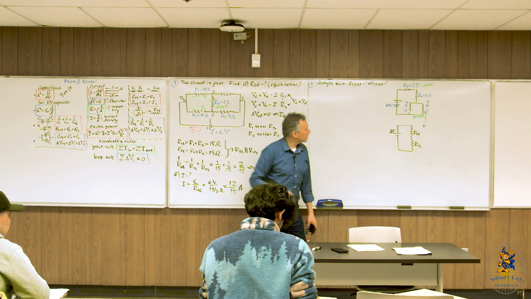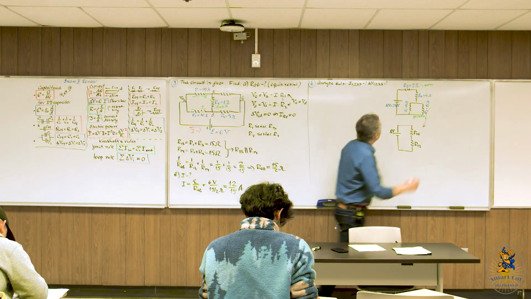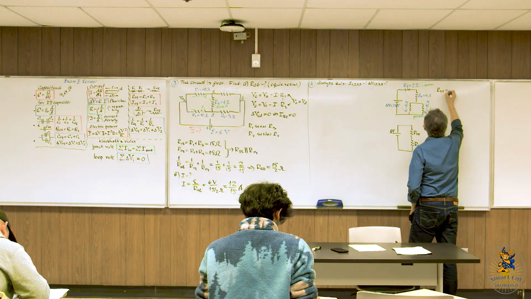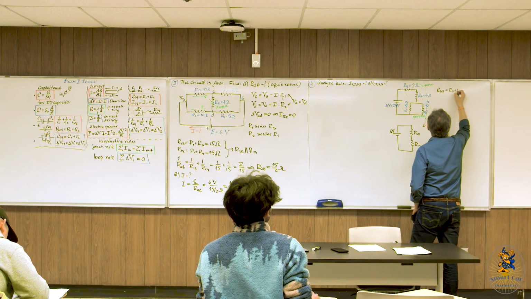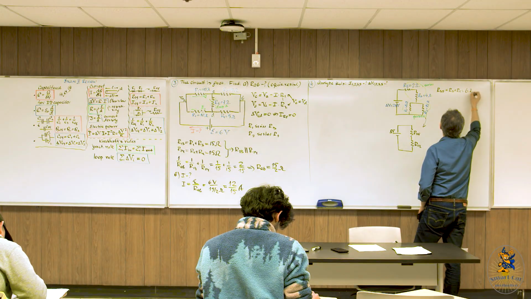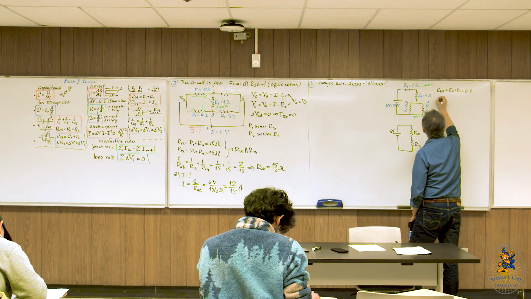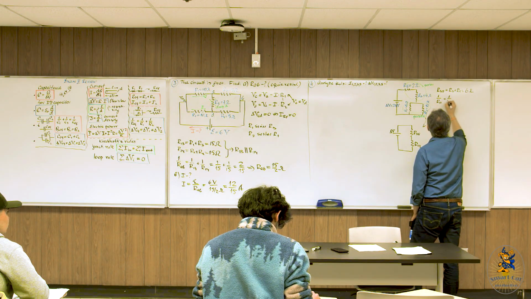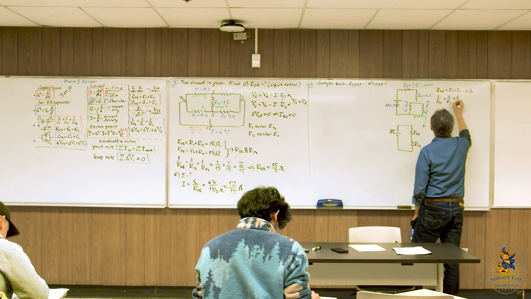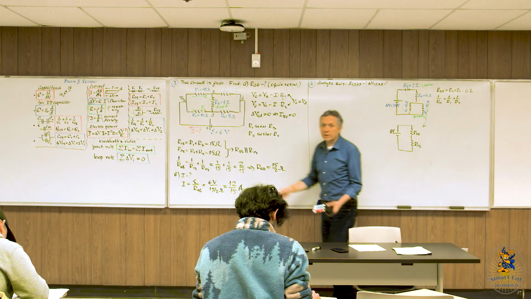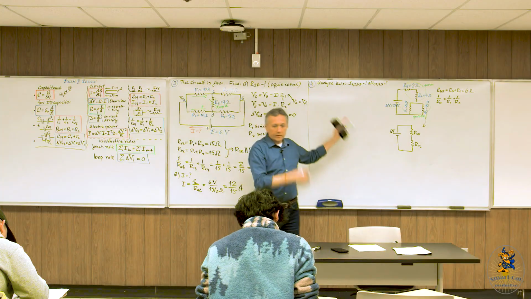Okay, let's just find these. So R3,5 will be R3 plus R5, 6. Then with reciprocals, R1,2 equals 1 over R1 plus 1 over R2. Again, you can bring it to the common denominator and then flip it, or calculate it like this.